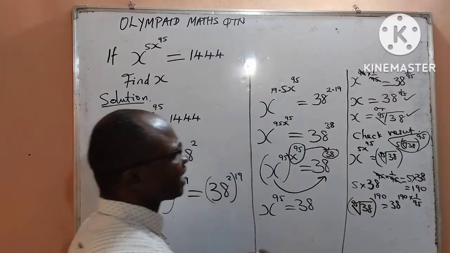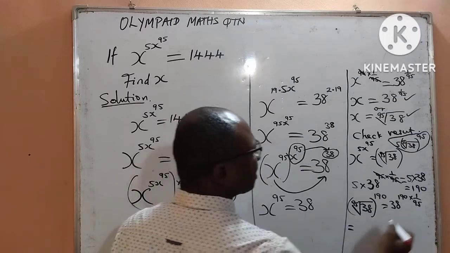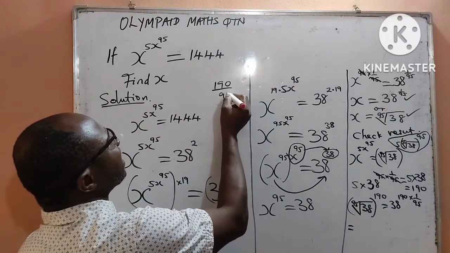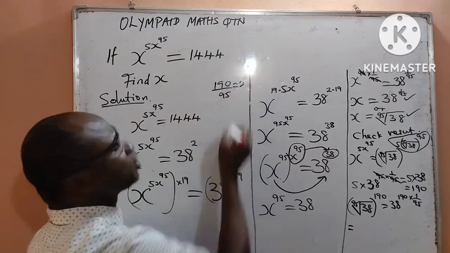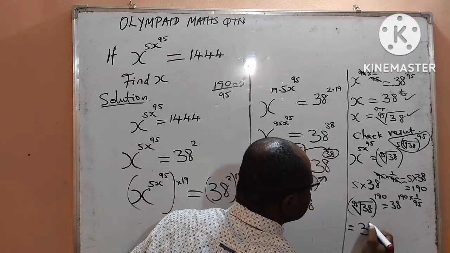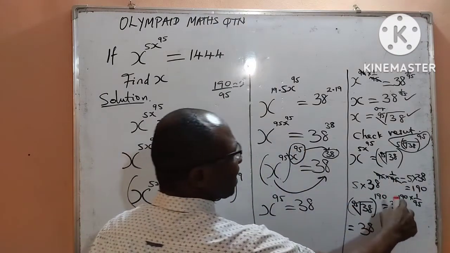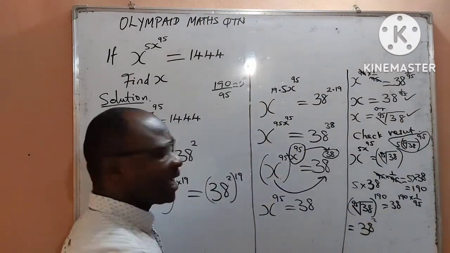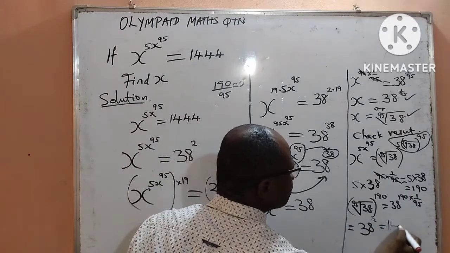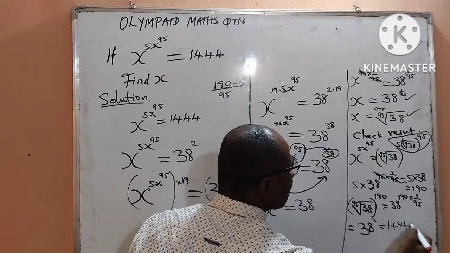Beautiful. And you can see with me, and I agree, that 95 can divide 190 to give me 2. So therefore, I can now say that this is equal to 38 raised to power 2. And 38 raised to power 2 is exactly equal to 1444.